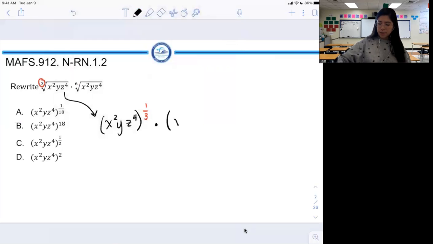This one is x squared y z to the power 4. And here we're going to do it to the power of.